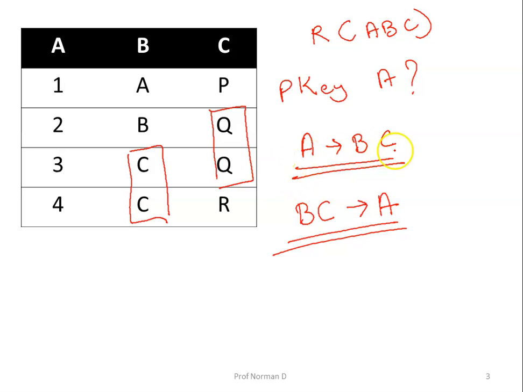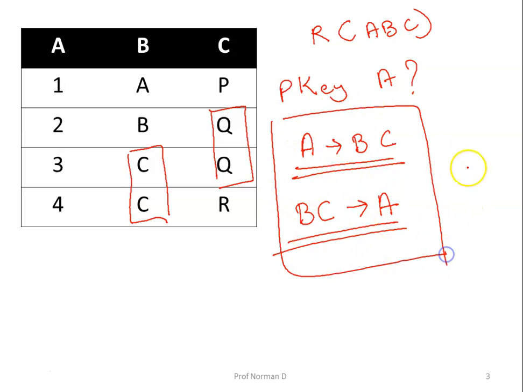So A can be a key and BC also can be a key. Now this information is written in the form of an FD. If you look at the first FD, it is a single attribute which gives you the entire relation. If you look at the second FD, it is a combination of attributes which gives you the entire relation.